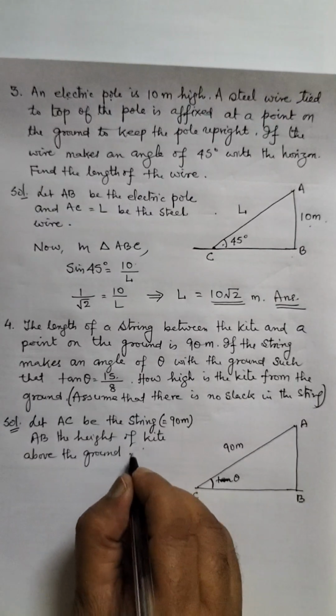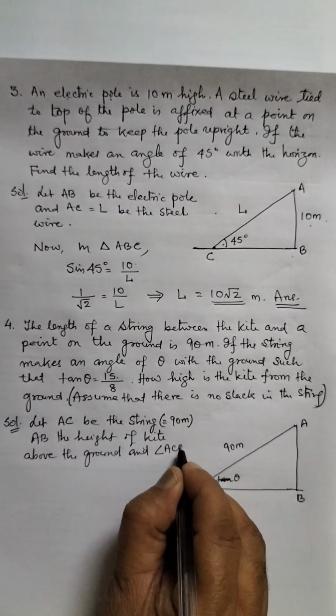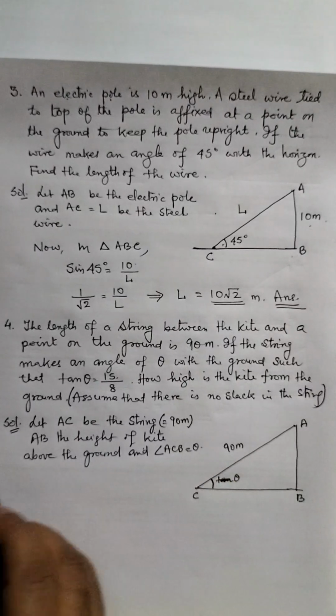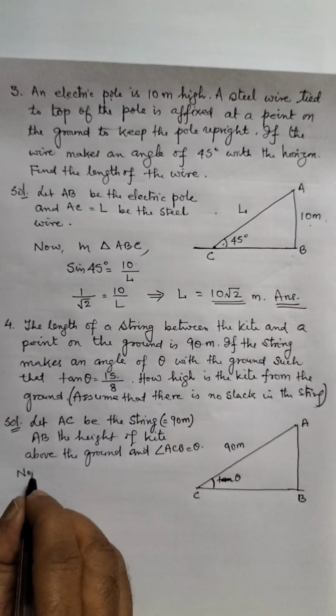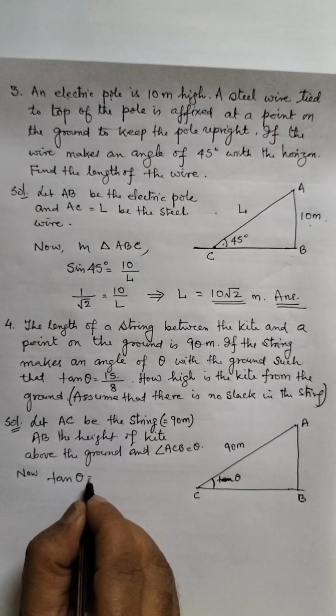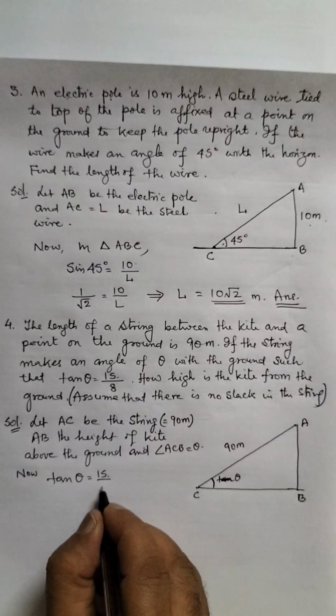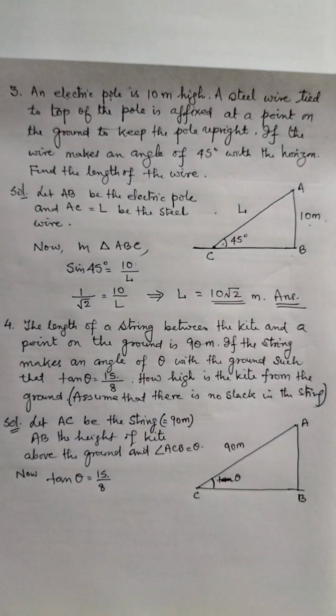And angle ACB is theta. Now tan theta is 15 upon 8.